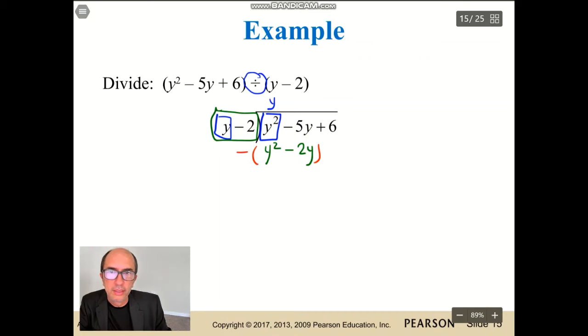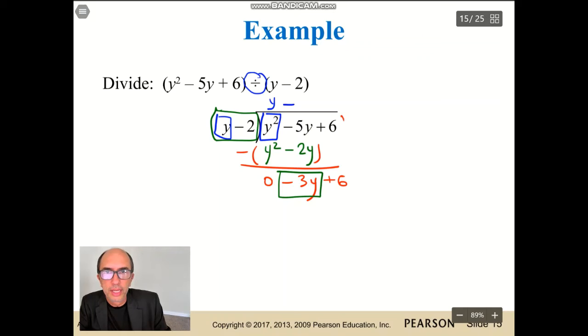Subtract, then you have 0, negative 5y minus negative 2y, this becomes a positive, right? So negative 5y plus 2y, negative 3y. And drop 6. Now you're going to divide negative 3y by y.